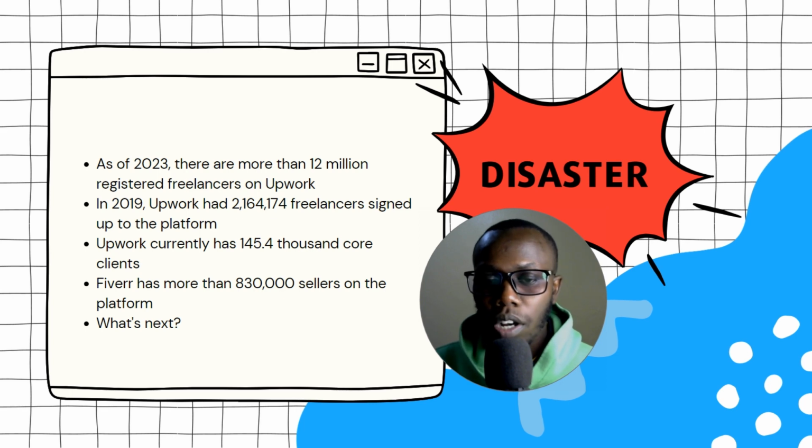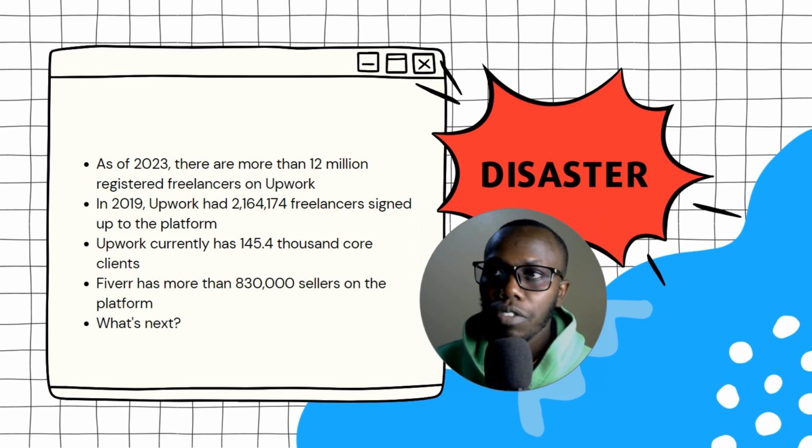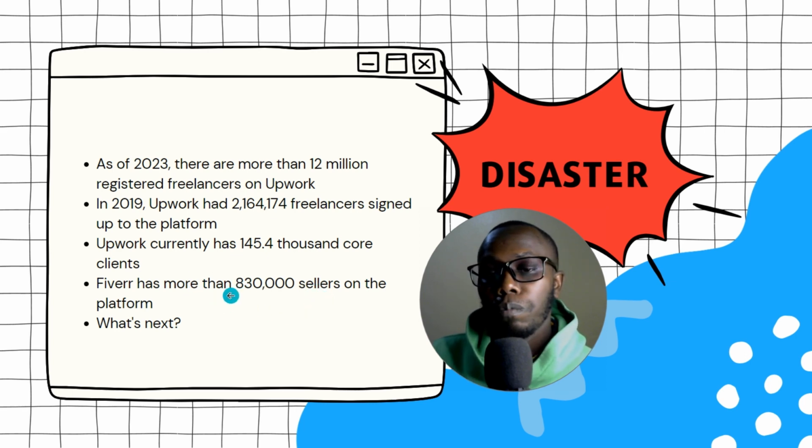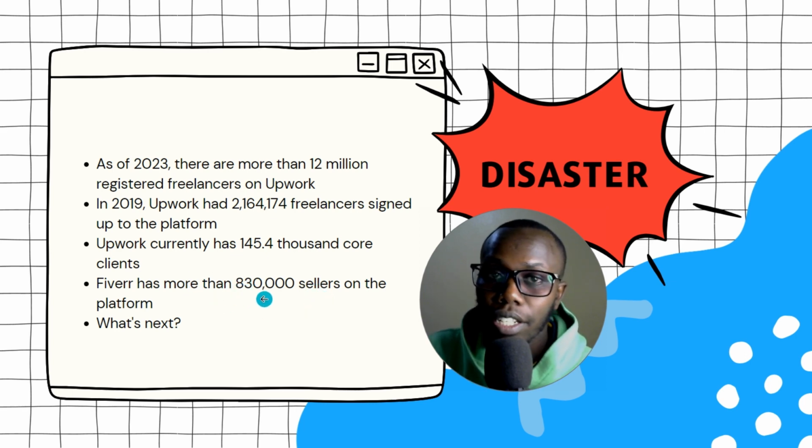On Fiverr, you create a gig. It's like you're selling yourself and your services. You're like, hey, I'm so and so, and I can do this for you. Then clients browse your profile, and if they like what they see, they will buy from you. That's why they are called sellers. If there are over 800,000 sellers, when you join, it becomes almost 1 million.